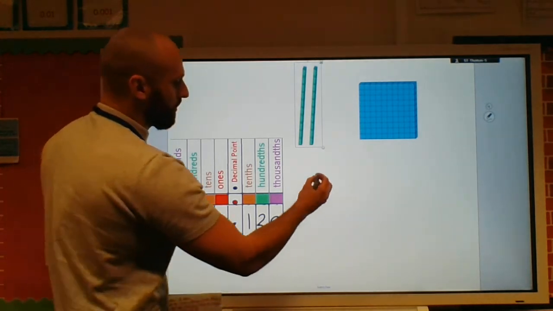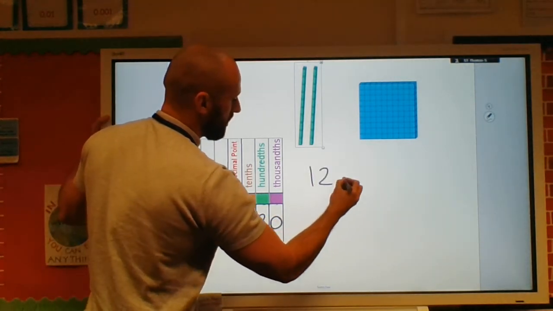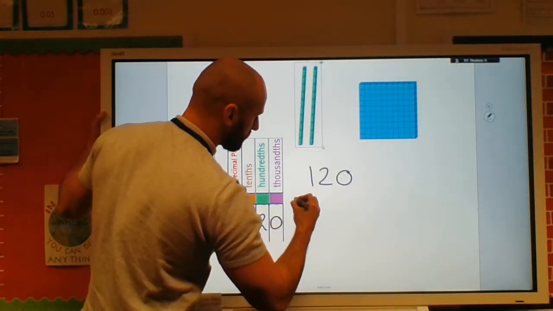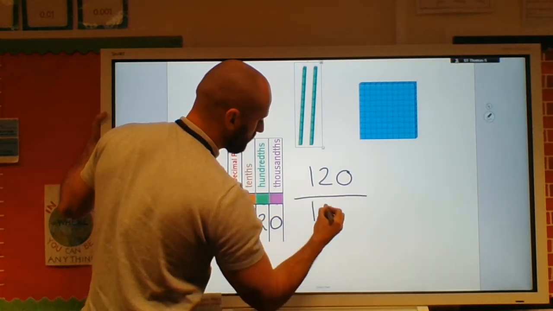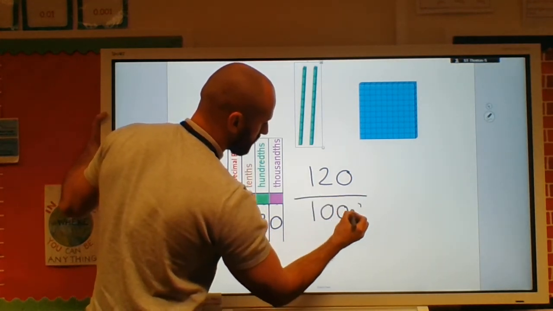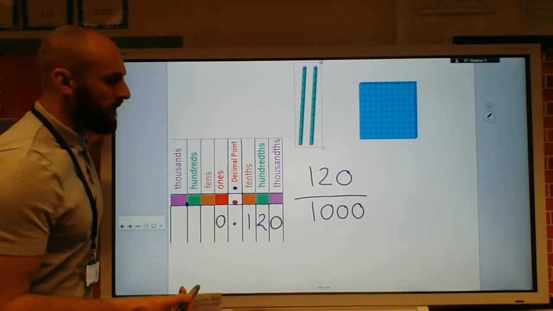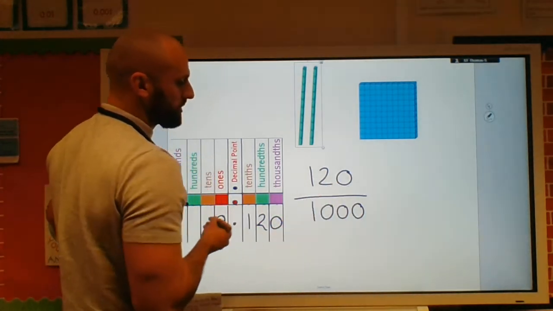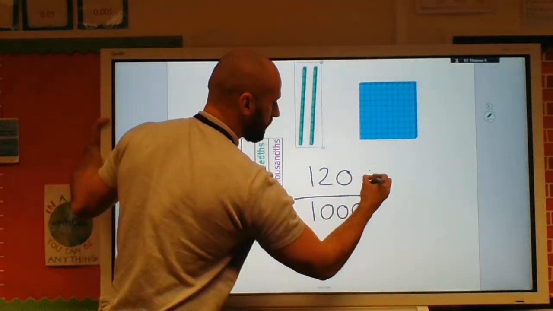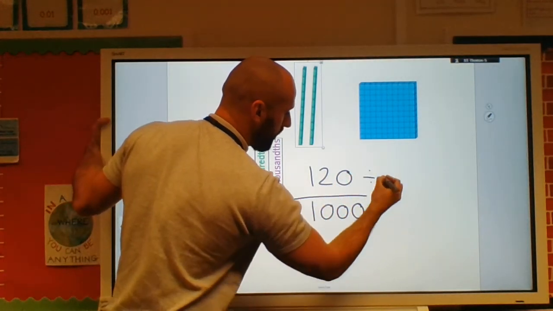So again, I can write my fraction out of 1,000. And here, can I simplify this fraction? Yes, I can. Both of these will divide by 10. I know that because they both end in 0.